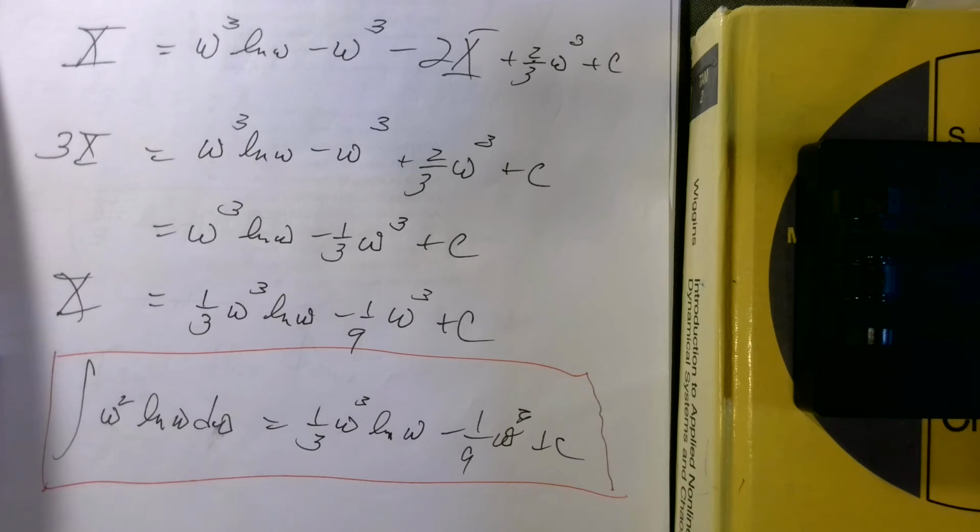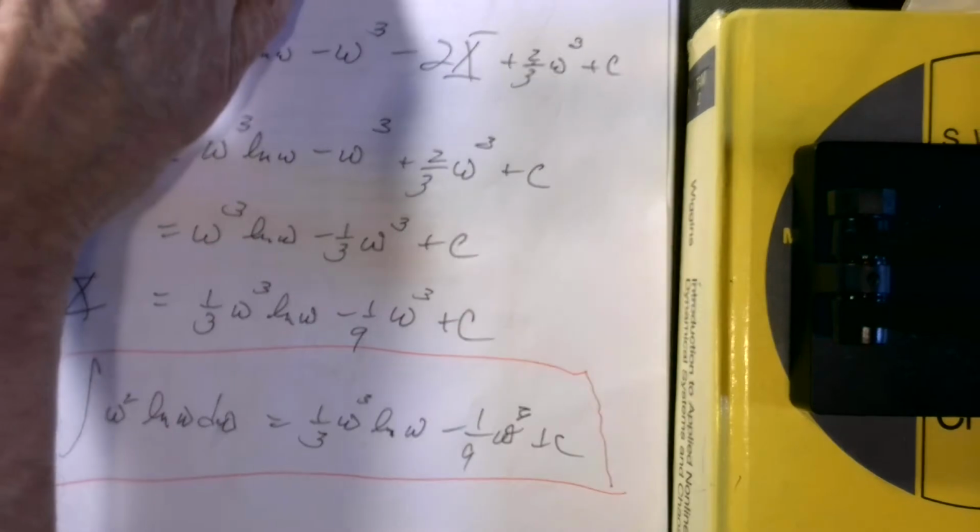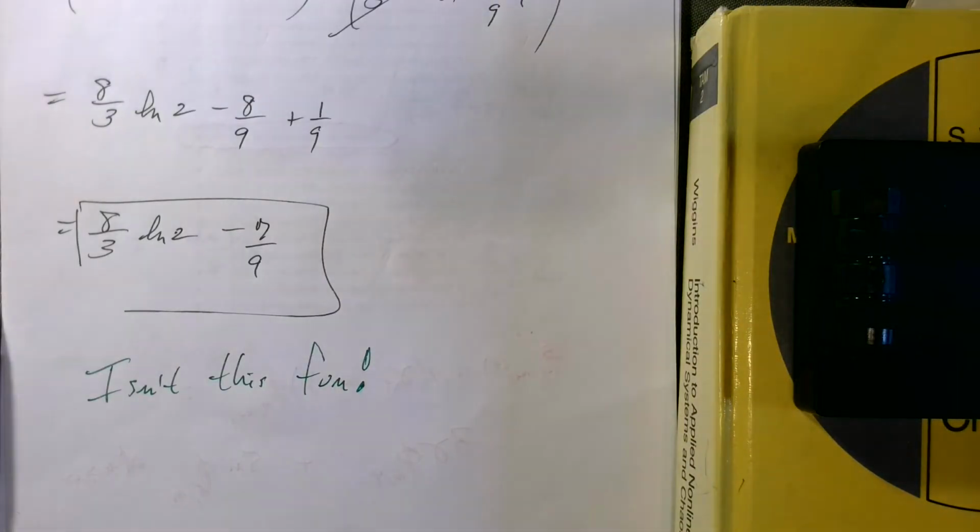Here's another example where the unknown shows up on both sides. And so even though it looks like we have not made any progress, we really have.